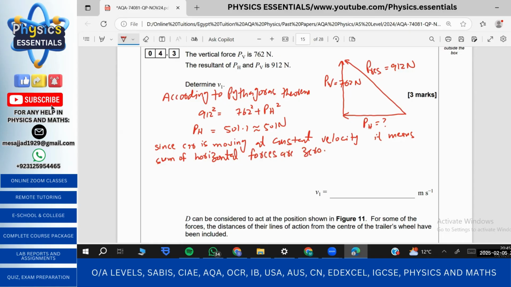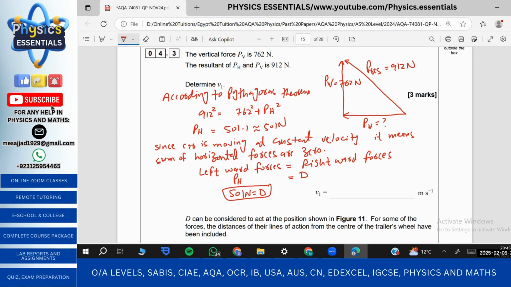So you will write leftward forces equal rightward forces. So leftward is PH and the rightward is D. So both of them are equal, right? So we will just put the value of PH here, which is 501, and it should be equal to D. Okay. So 501 newtons is your D.